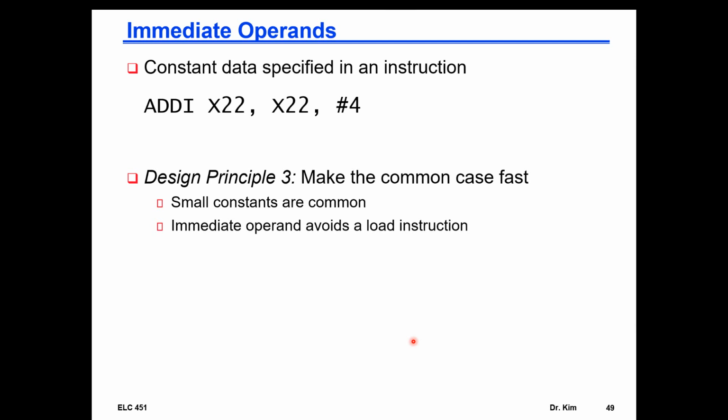For example, we can have an add immediate that takes 3 operands: a source register and an immediate field, with the result put into a destination register. Again, in this type of instruction, the destination and the source can be the same. It gets overridden. So in this case, the contents of register 22 is going to be replaced with the original content plus the number 4.